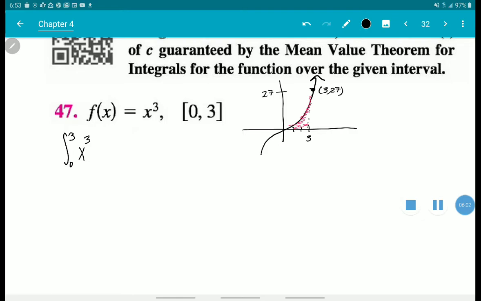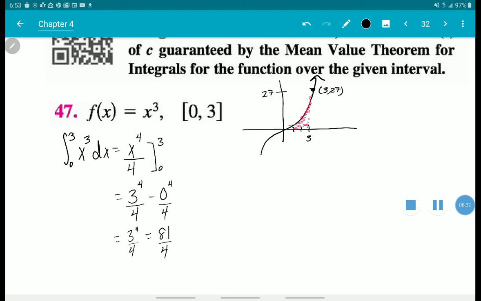So if we set that integral up, we're going to add 1 to the exponent, divide by the new exponent, and we're going to go from 0 to 3. So we're going to have 3 to the 4th over 4 minus 0 to the 4th over 4, which is going to be 3 to the 4th over 4, which ends up being 81 over 4.